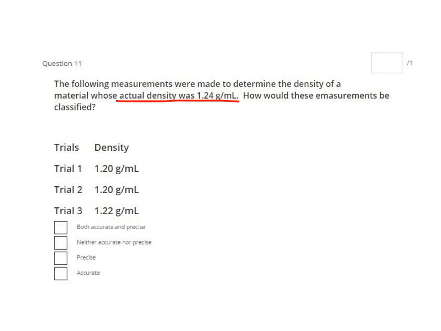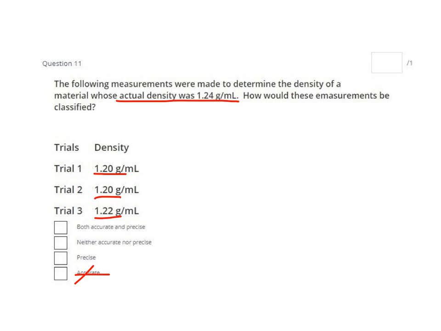So if you're trying to figure out if these are accurate or precise, you've got to ask yourself this question. In order for it to be accurate, are the trials the same as the actual density? Did any of the trials hit the target of 1.24? So I look at 1.20, 1.20, 1.22. I would say no. So I know that is not accurate.